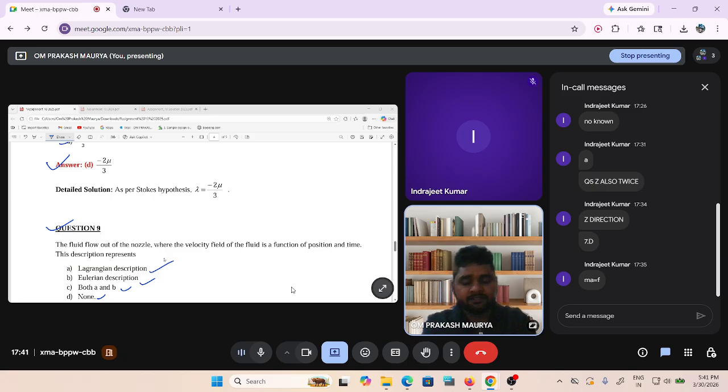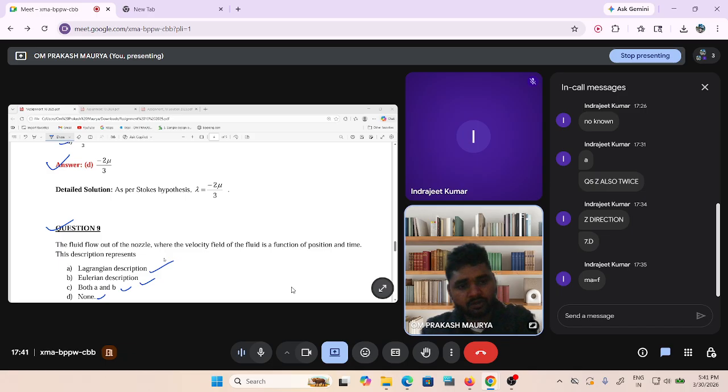Fluid mechanics is a bit more difficult than rigid body motion, because here nothing is rigid. So we always write the equation in terms of rates, because fluid always flows and deforms. That's why.